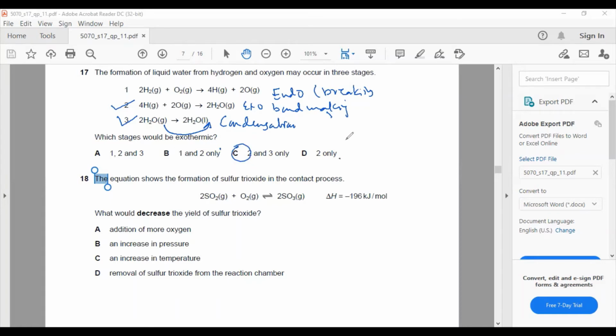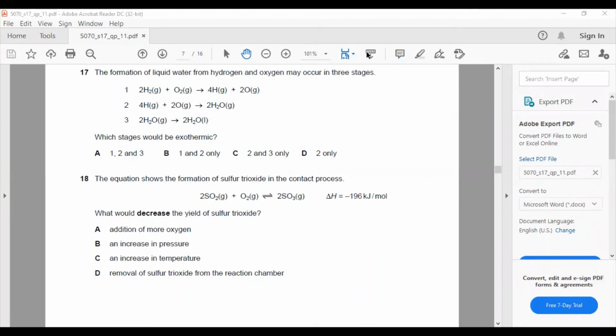Again, an energetics question. Whenever there is a bold word, I told you to circle it. What would decrease the yield? Decrease means the equilibrium should shift backward. Addition of more oxygen is wrong, because the equilibrium shifts forward.